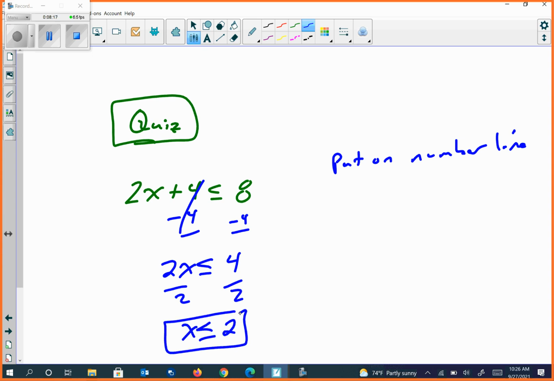Okay, so that's the inequality. On a number line, it would look like this. So I have 0 someplace on the number line, and to the right of it, I have 2.